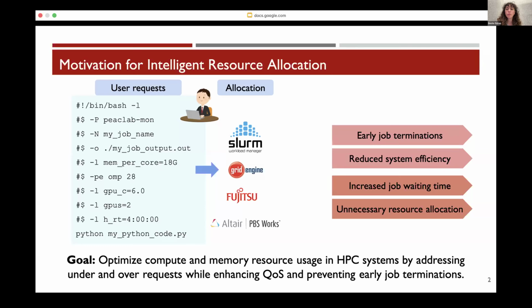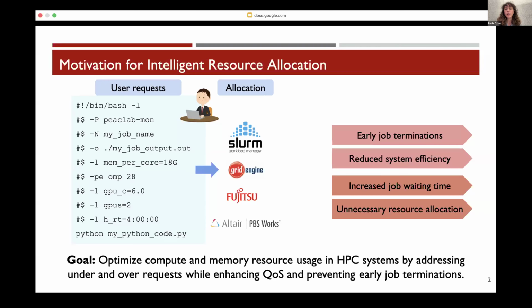So why do we care about allocating these resources more efficiently? Well, there are two main problems associated with manual selection. The first one is if we request less than we need, we experience early job terminations and the overall system efficiency is reduced.